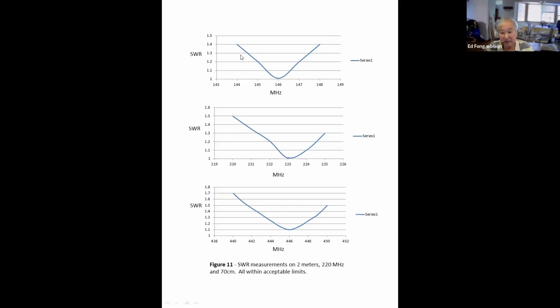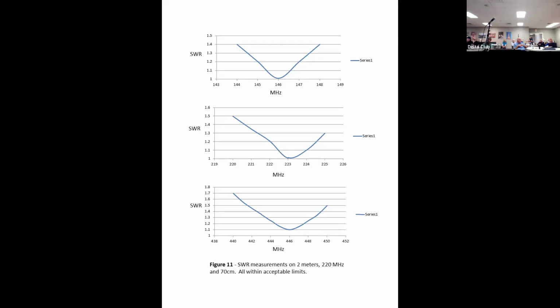Here's the bandwidth. It's operable at the edges. It gets up to about 1.4, 1.5 to 1 at the edges. That's if you resonate at 146. You're right. If you use a copper J, it will probably give you wider bandwidth because its Q is lower. It would affect it.